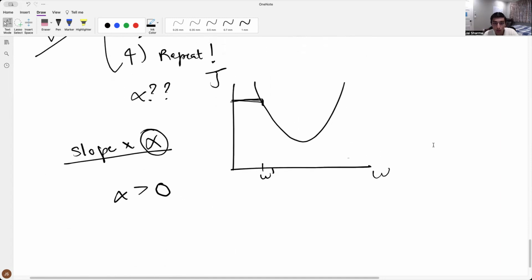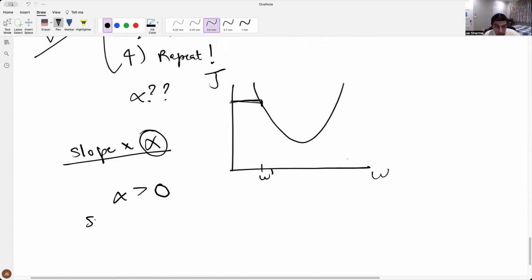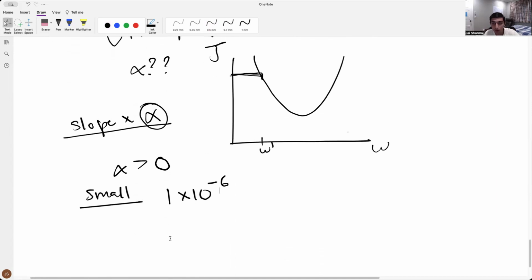And so if you have a small value of alpha, let's say 1 times 10 to the power of negative 6, right? Very, very small. Then what you would do is you would be here and you would increase your value of W, but very, very slightly. So maybe you would go to this point here. So you would iterate to that, and then you would iterate again to that.